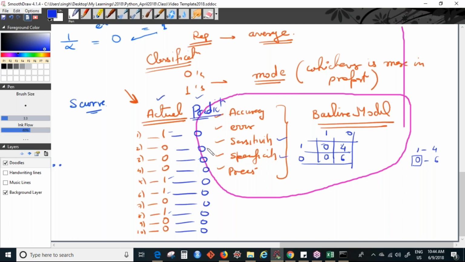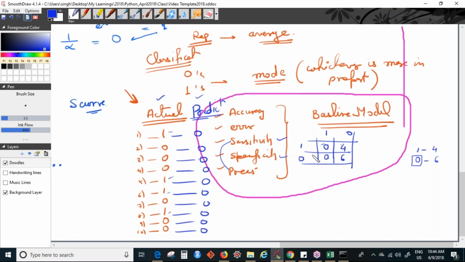And since we are predicting all zeros, of course we will identify all the actual zeros also, because we are predicting only zeros. So specificity will be 100% because we are capturing all the actual zeros. And precision will be again 0 because we are not identifying even a single one correctly. So both precision and sensitivity is 0.